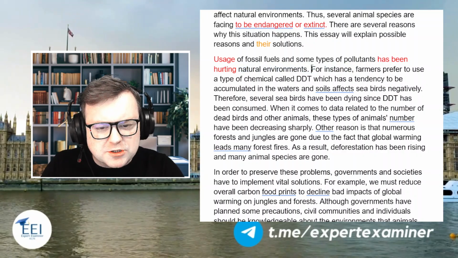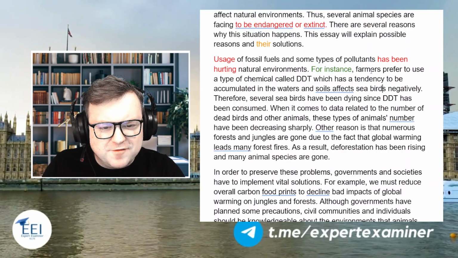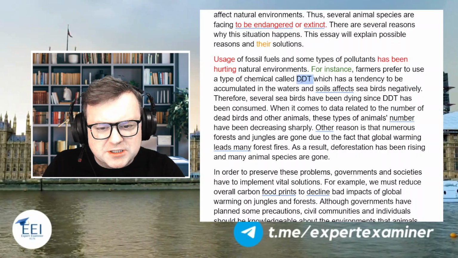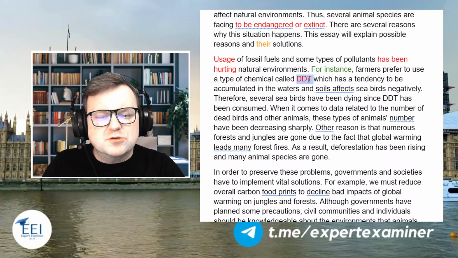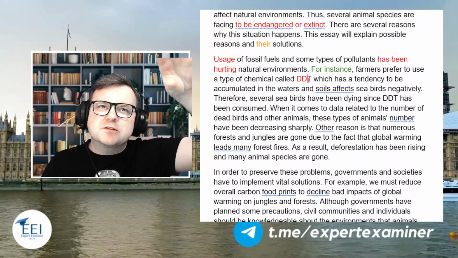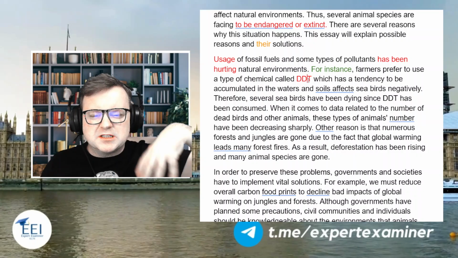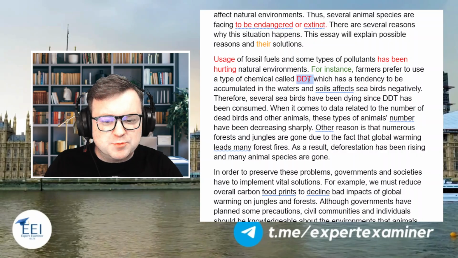For instance, good signposting language. For instance, farmers prefer to use a type of chemical called DDT. No, they don't. I think that's illegal in most countries now, right? They used to use it. I think in the 60s or 70s, they had these big aeroplanes that sprayed this chemical, DDT. Then world governments realized that actually DDT is pretty bad.